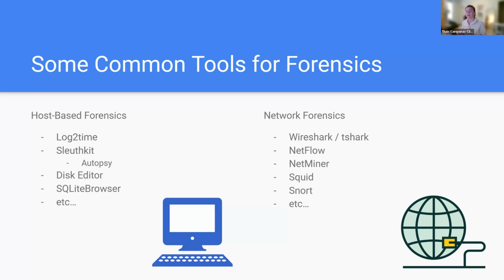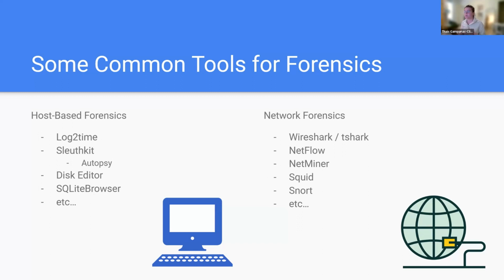On the other hand, we also have some network forensics tools that we can utilize. We have Wireshark, which I'll go into more in depth later on. Wireshark is a GUI, or graphical user interface, that allows us to see actual network traffic going through our systems or through the networks.